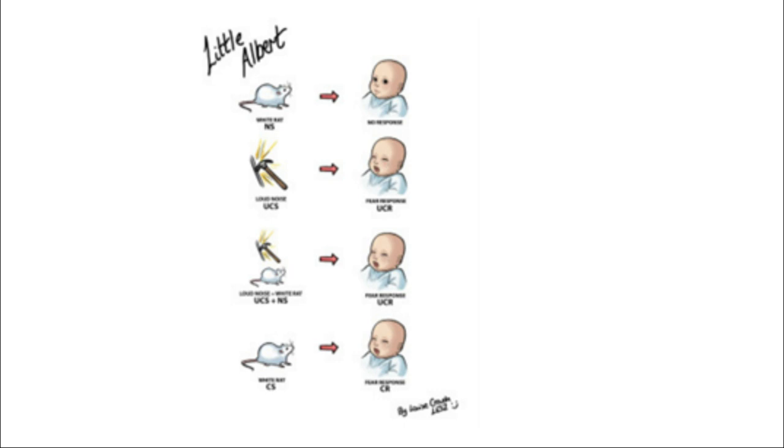To break down this experiment, you've got to talk about the neutral stimulus. That's our rat. Albert initially was not impressed by it. There was no response. The unconditioned stimulus, our loud sound, would elicit a response, the unconditioned response, which would be crying.